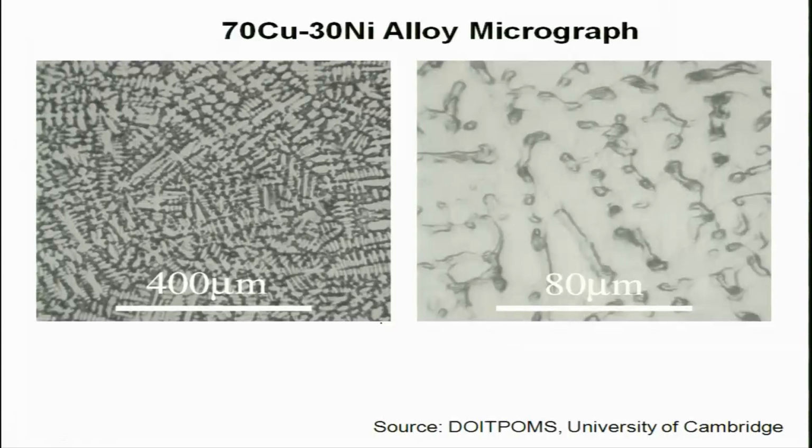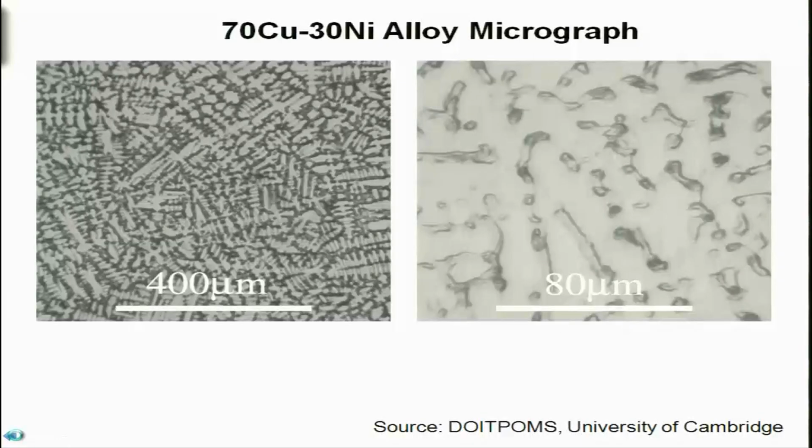What you see here is regions of dark and white contrast. Now this dark and white contrast is not expected in a single phase alloy. After all, we should only see the grain boundaries. This happens because of non-equilibrium cooling, as I explained in previous lectures, that alloys are seldom cooled in such a fashion that composition fluctuations will not be there in the alloy.